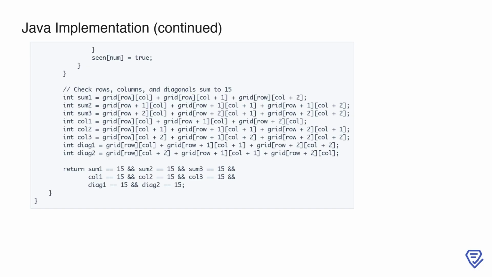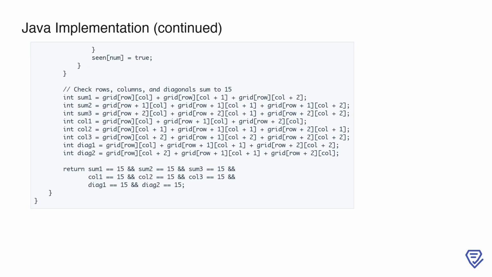For the diagonals, we calculate diag1 as the sum of the top left to bottom right diagonal, and diag2 as the sum of the top right to bottom left diagonal. Finally, we return true only if all these sums are equal to 15. This ensures that the subgrid satisfies the magic square condition. If any of these conditions fail, the function returns false.